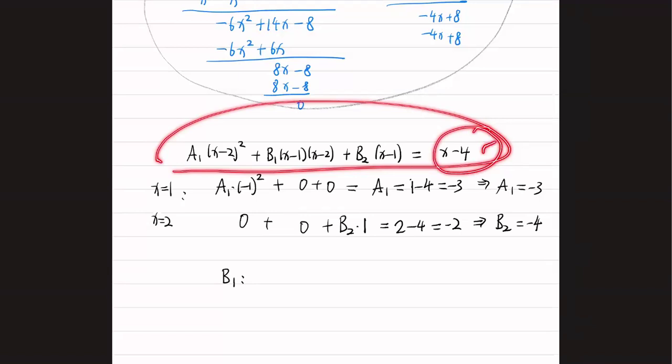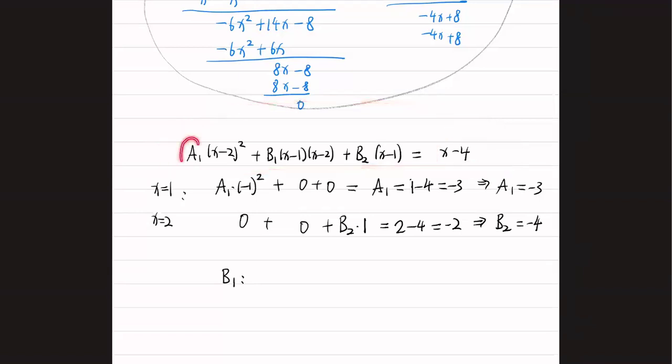On the right, this gives us A1 x squared, this gives us B1 x squared. So A1 plus B1 must be 0. B1 is negative A1, equals 3. Okay, a little bit of work. We found all the coefficients.